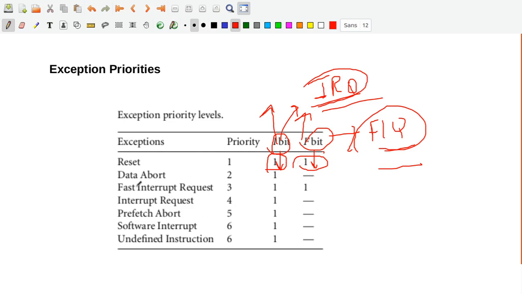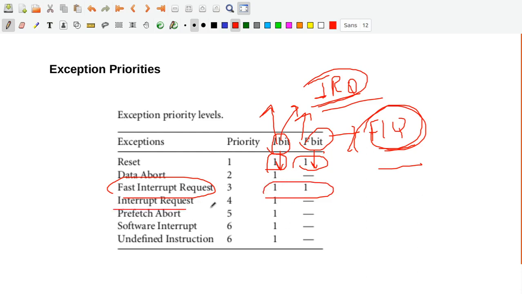Whenever a data abort is raised, you don't disable the fast interrupt request, so you make sure FIQ is not disabled. That's why you are not setting the F bit here. But for a fast interrupt request exception, you set both the I bit and the F bit.